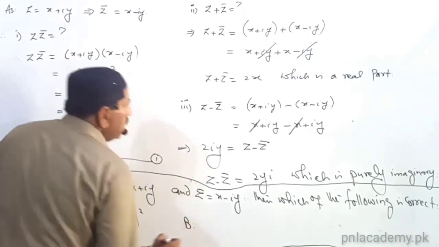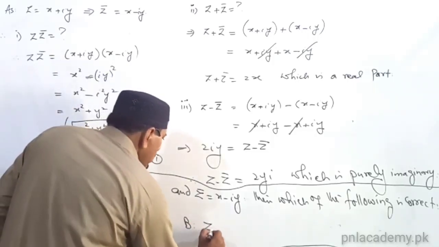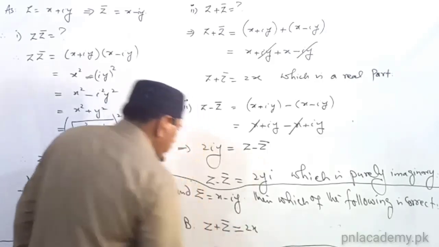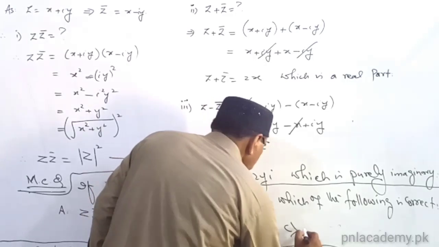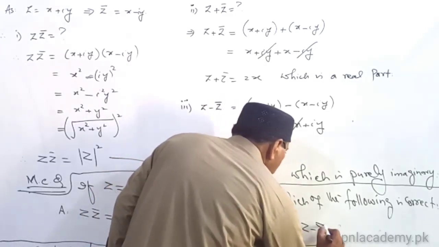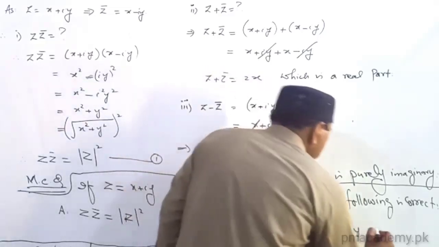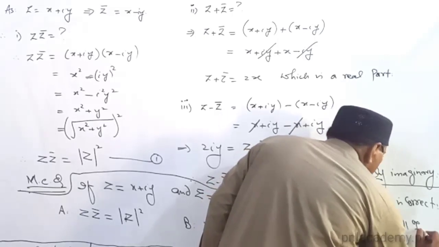B option is z plus z bar is equal to 2x. C option is z minus z bar is equal to 2 iota y. D option is all of these.